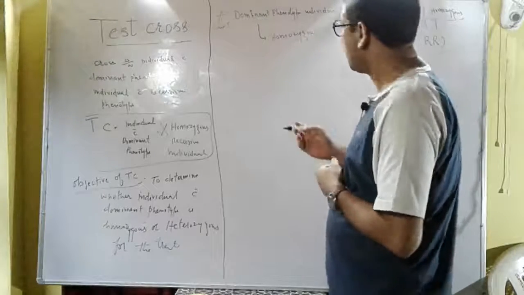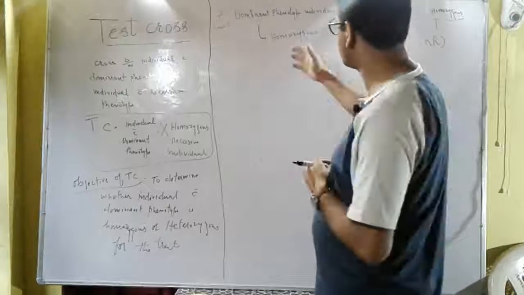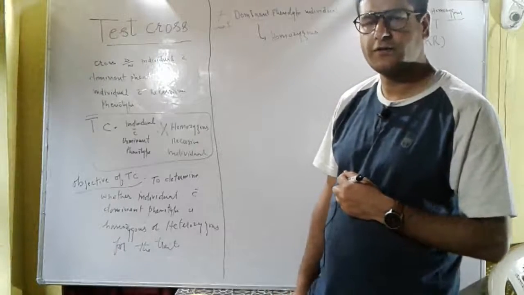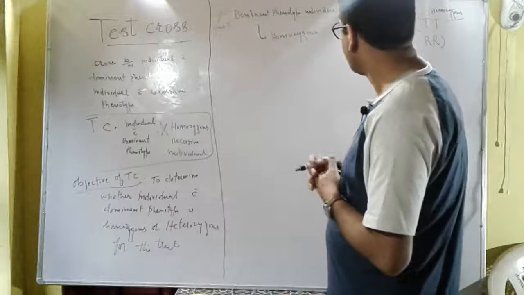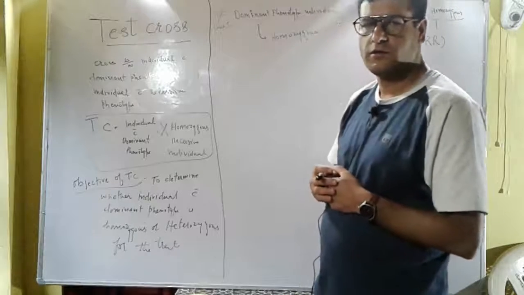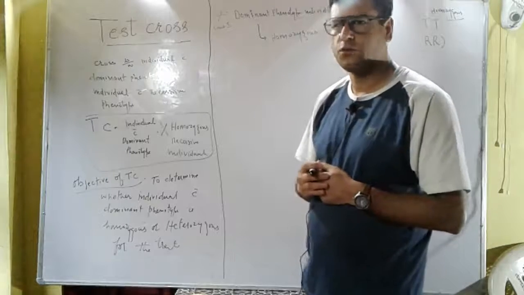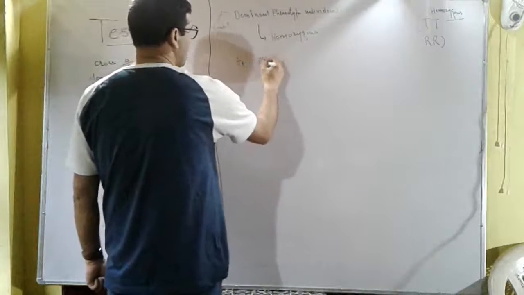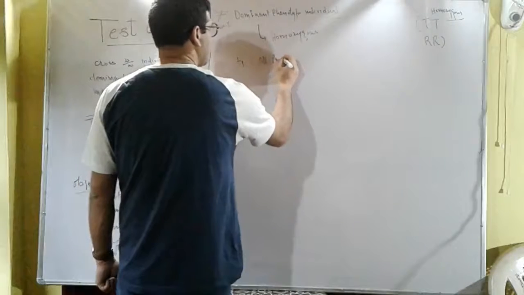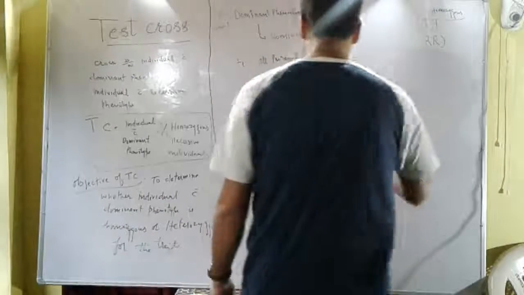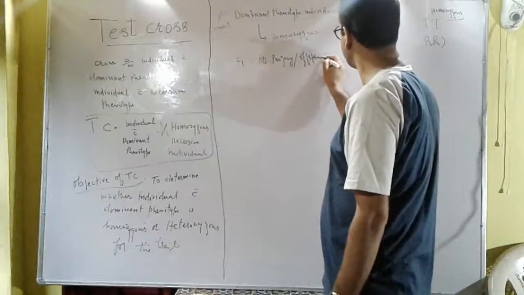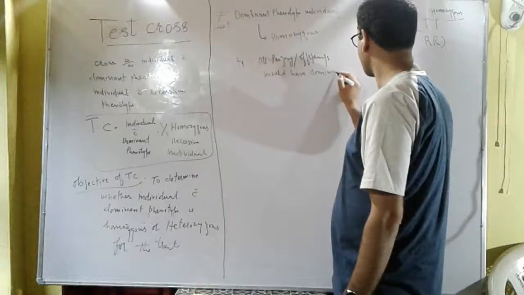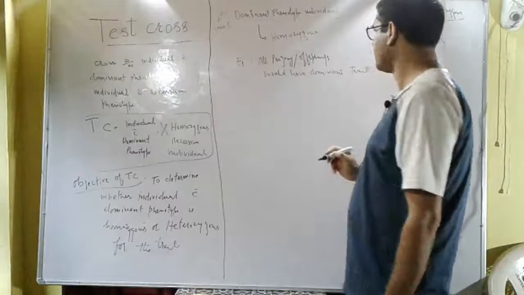Then all the offspring, all the progeny which are produced when this dominant phenotype individual is crossed with the homozygous recessive individual, in the F1 generation all the offspring would have the dominant trait.